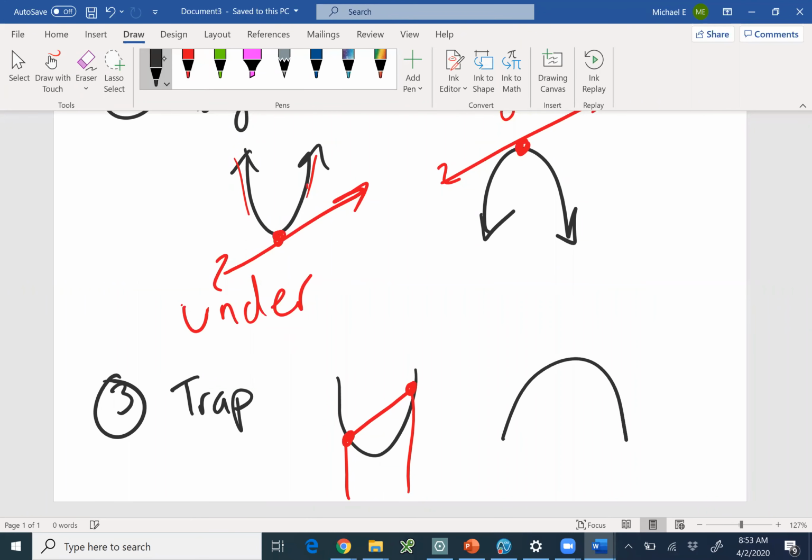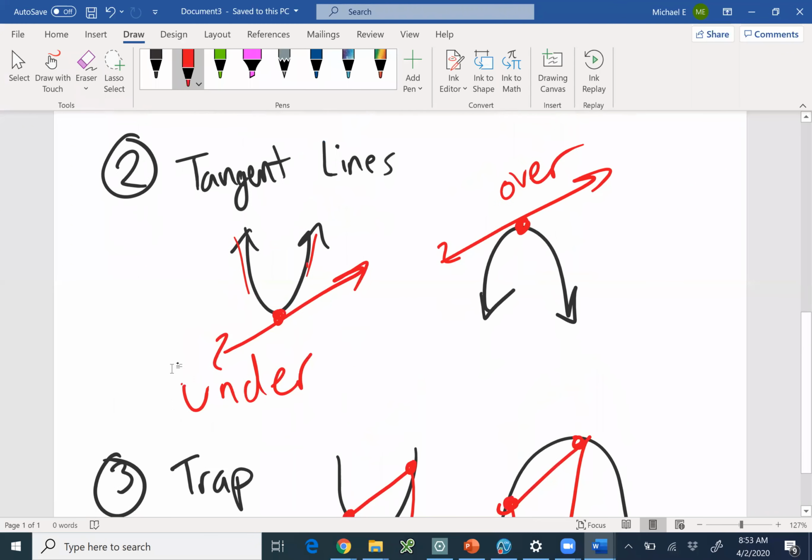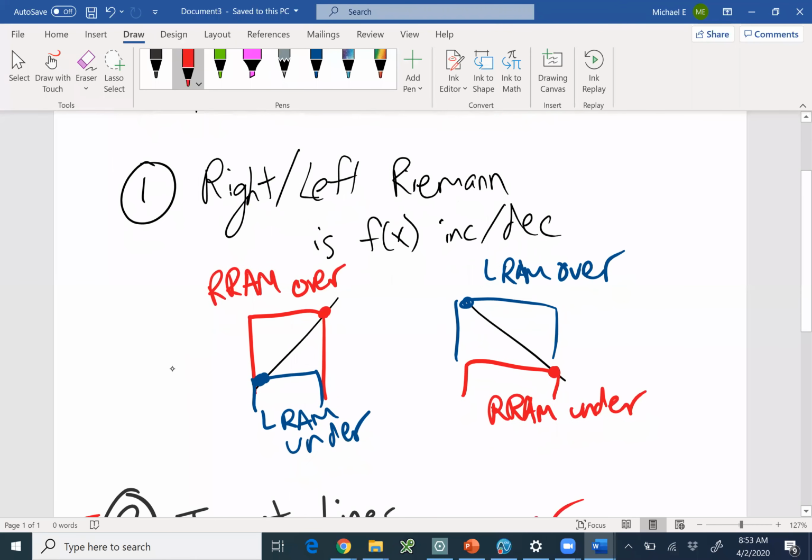Whereas for concave down, if I had a point here and a point here, or wherever it is, it's below it. So what's happening is trapezoid and tangents both depend on concave up, concave down, whereas right and left depend on increasing and decreasing. So that's just a little review reminder for us.